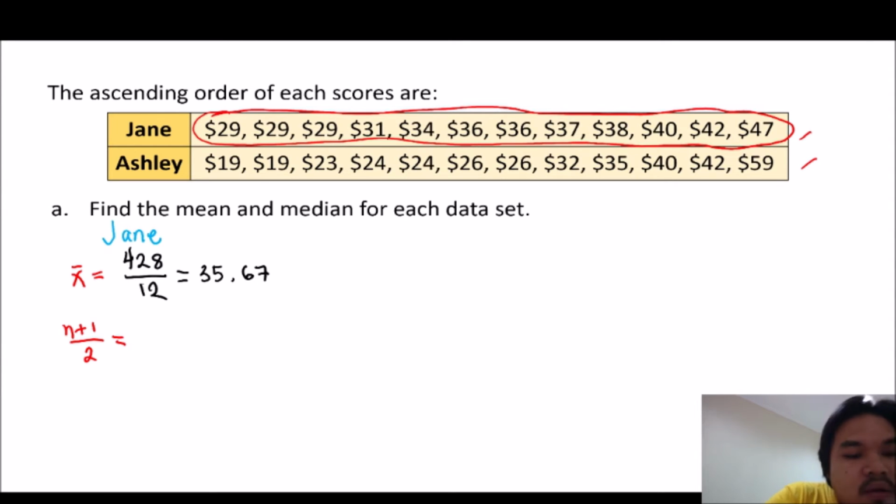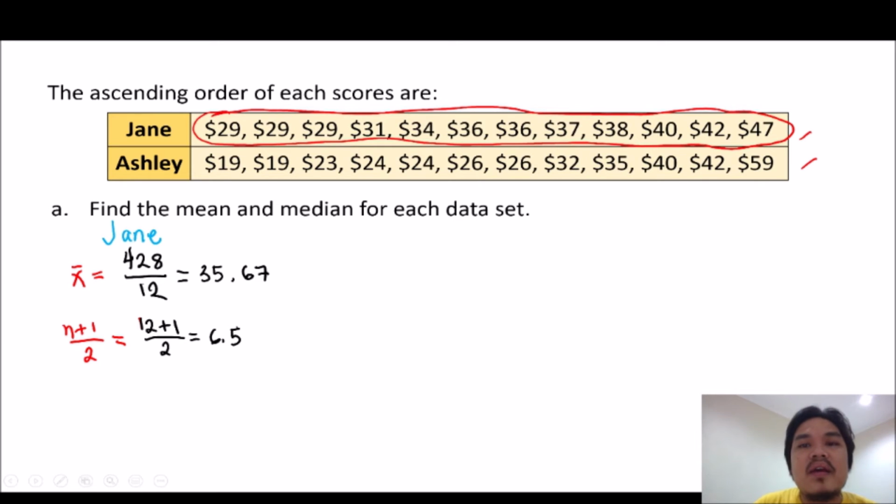Okay, so to find the median, we will use the formula n plus 1 over 2 to locate the middle value. So we have 12 data values. So that will be 12 plus 1 over 2, and that is 6.5. So it means our median is between the 6th and the 7th value. So our 6th and 7th value are 36 and 36.